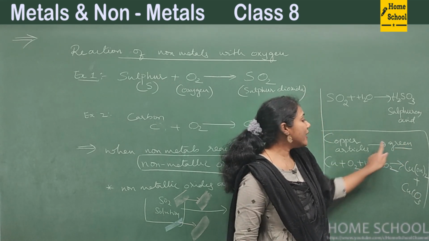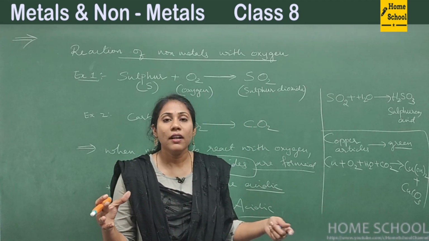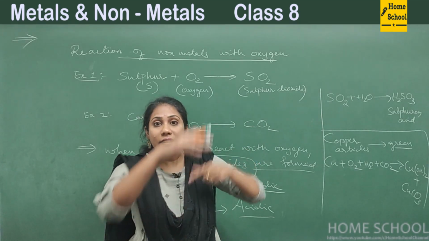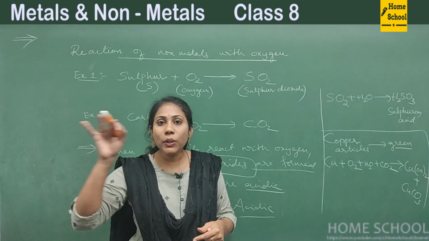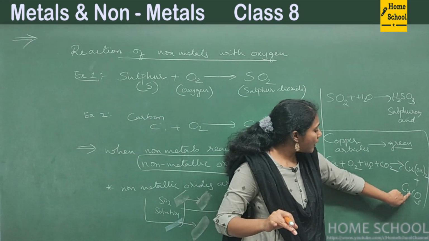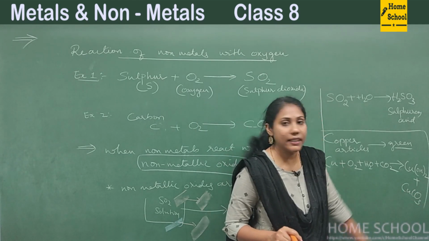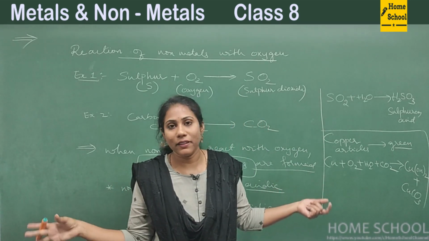That green coat you must have observed when you have copper articles in your house. When you keep them for many days exposed to the atmosphere, a green coating will appear at the bottom. That green coating is because of the formation of this compound, which is green in color. So this is some extra information that you can remember.